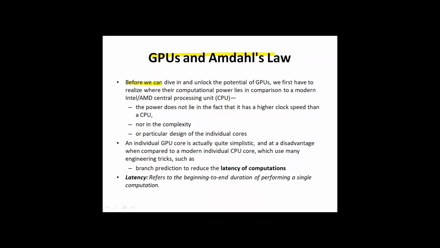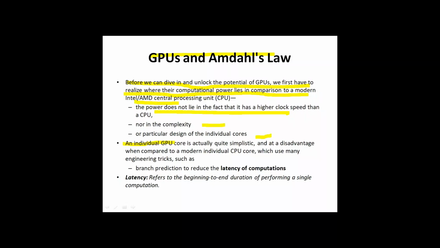Before we can dive in and unlock the potential of GPUs, we first have to realize where their computational power lies in comparison to modern CPUs. The power does not lie in the higher clock speed, nor in the complexity, nor in the particular design of the cores. Power lies in increasing the number of cores, which the GPU does.